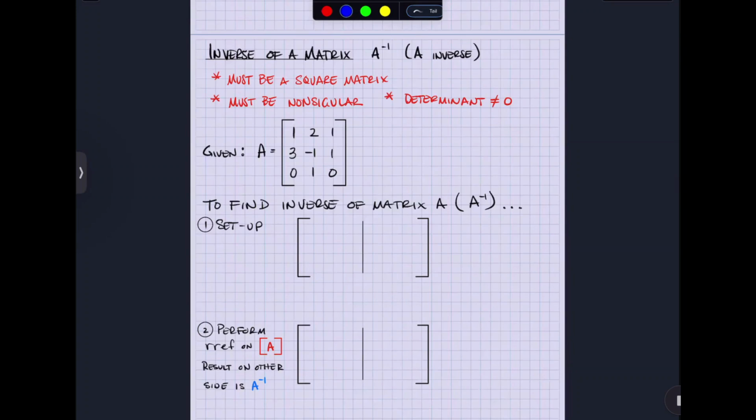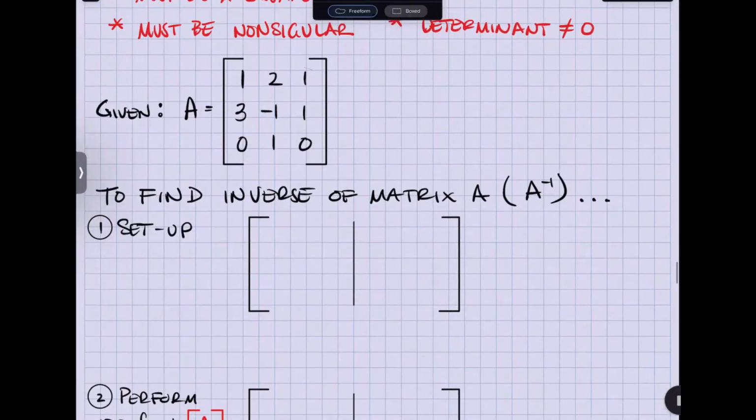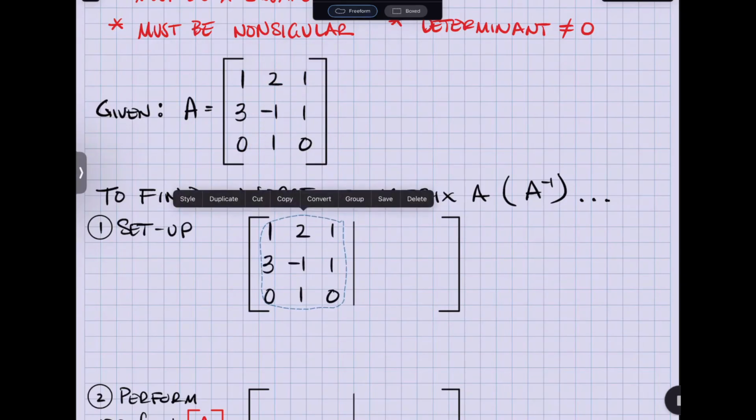So, how do I find the inverse? To find the inverse of this right here, we see that this is a 3 by 3 matrix. Is that right? Awesome. So we're going to leave the left side to be that right there.